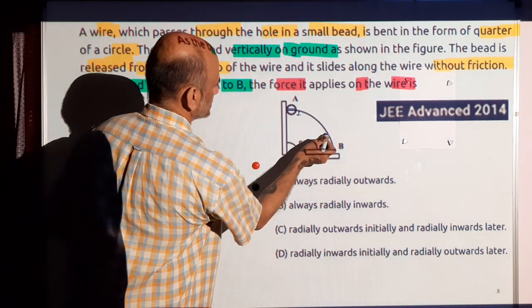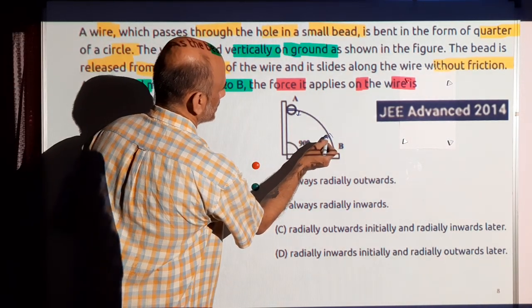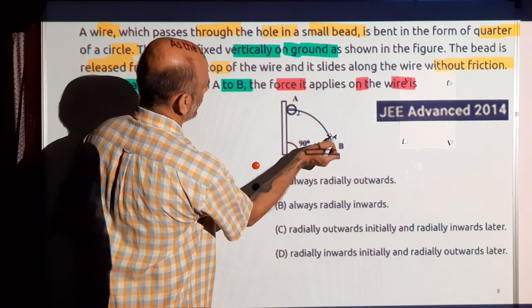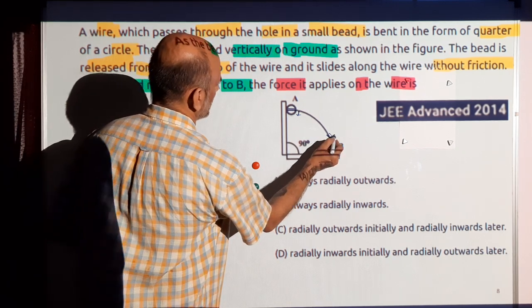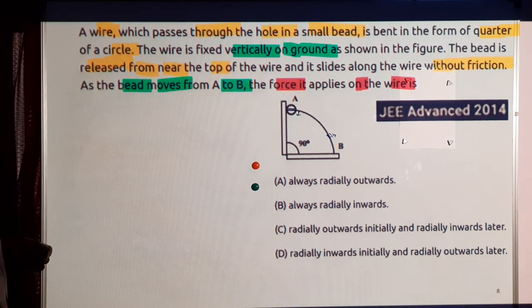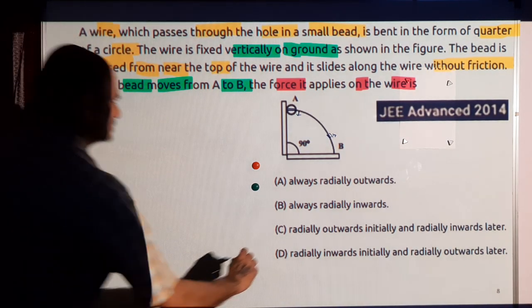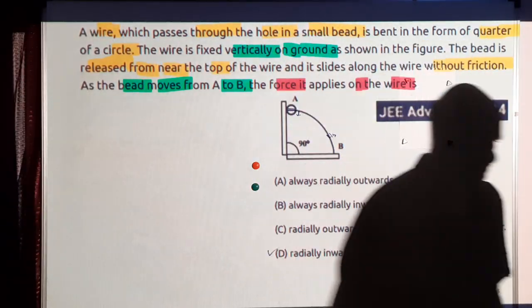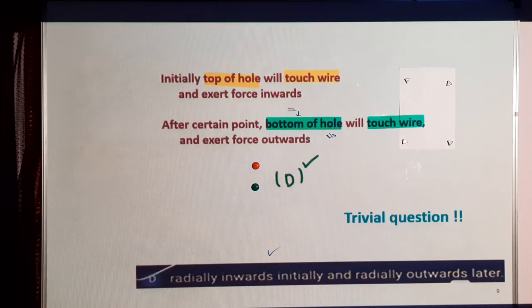When it comes here, at a certain point, the bottom part of this hole will touch the wire and the upper part will be free. So the force here will be outwards. So initially inwards and radially outwards later. It's a trivial question. D is the correct answer.